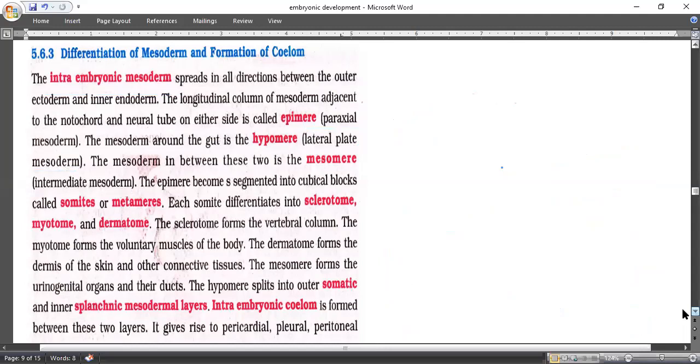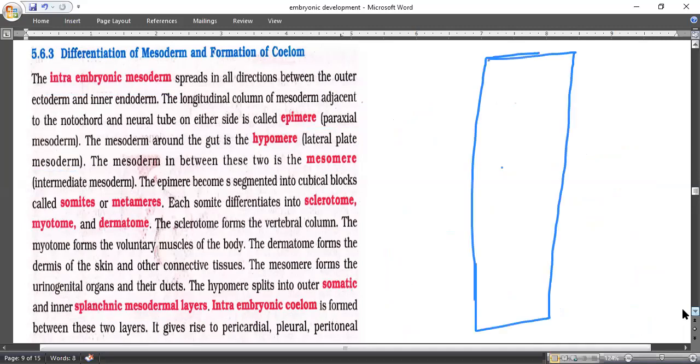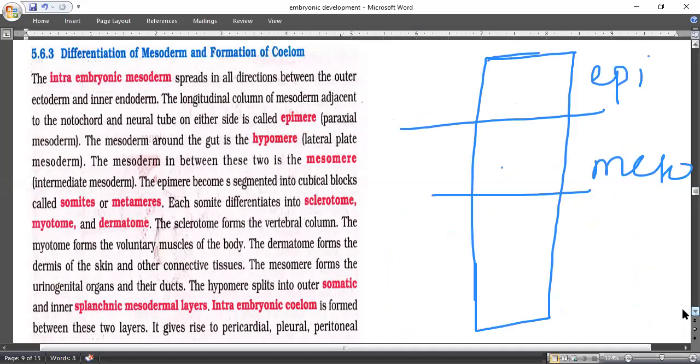So that address is over. That's why I'm taking a little freedom to show all this in a box like epimere, then mesomere, then hypomere. So just showing mesoderm. Epimere is also called paraxial mesoderm, hypomere is also called lateral plate mesoderm, and mesomere is also called intermediate mesoderm.